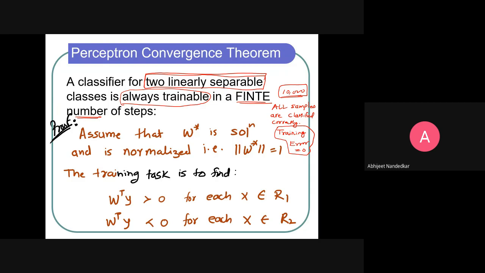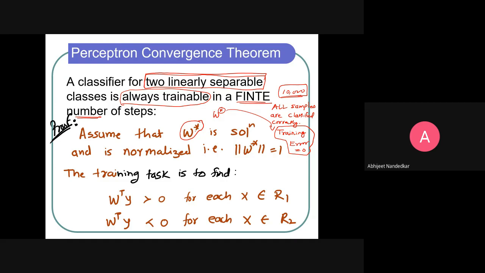Now see this proof. Assume that W star is the solution vector, you can say the solution weight vector. I assume that W star is such a weight that all training samples are correctly classified and my training error is equal to 0.